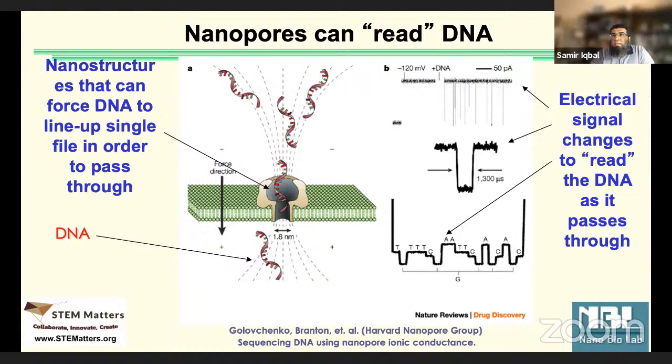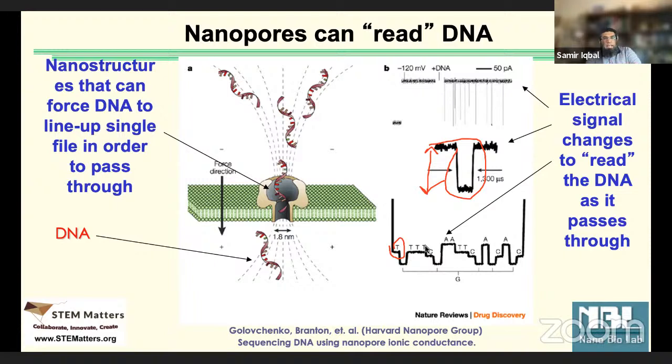And those spikes, when they zoom them out, you could see specific behavior between them. Behavior means the blockage, how much the blockage was, how deep the blockage was, was seen to be characteristic of different bases.